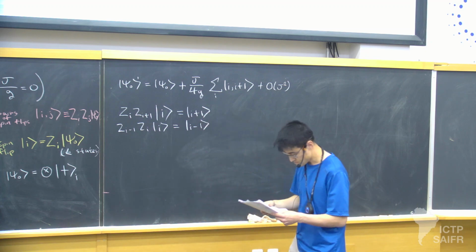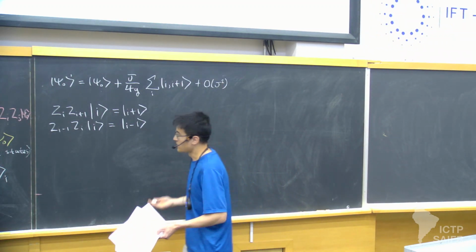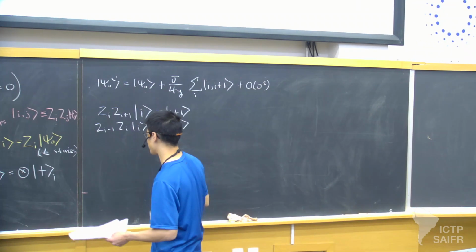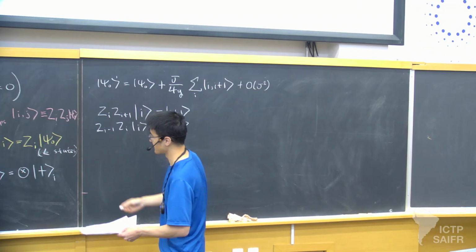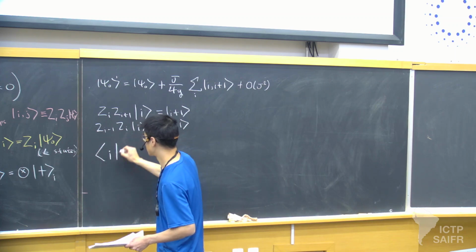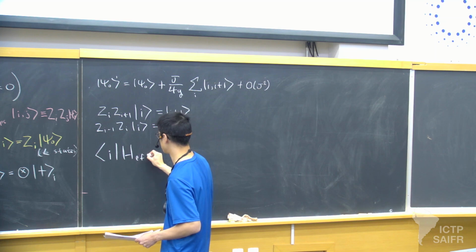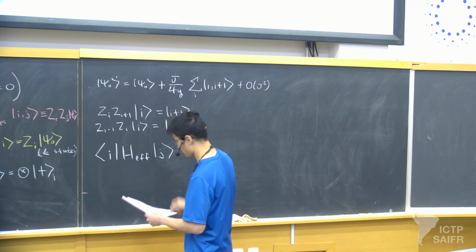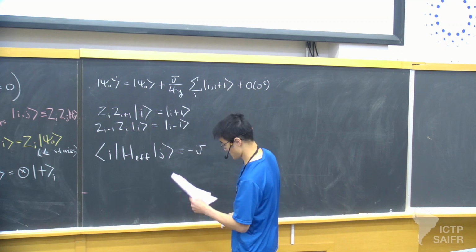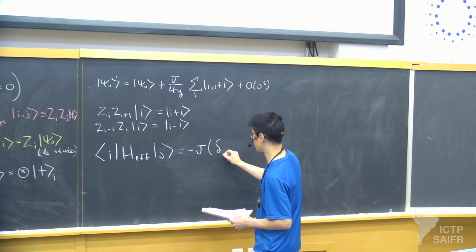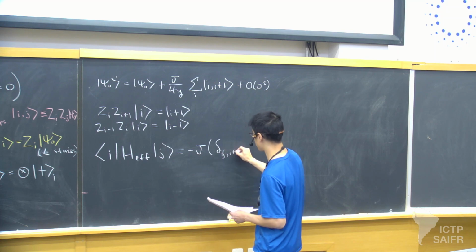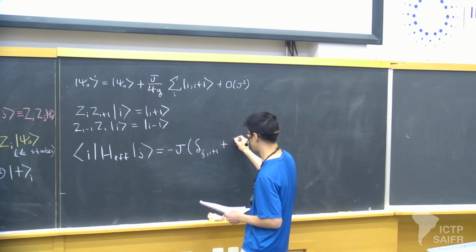So now this perturbation, J sum over ZZ, just serves as an effective Hamiltonian in this manifold of L states. Basically, the matrix elements of this effective Hamiltonian are just given by minus J, and then it either hops to the right or it hops to the left.